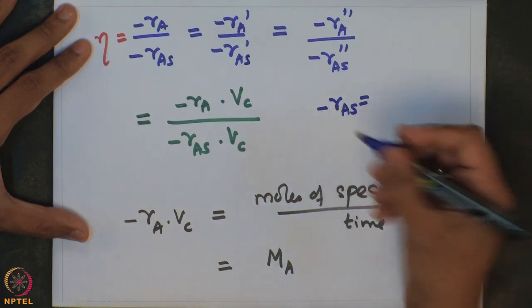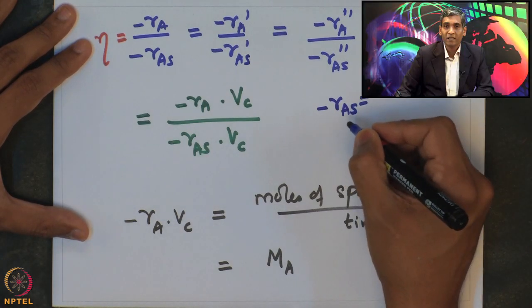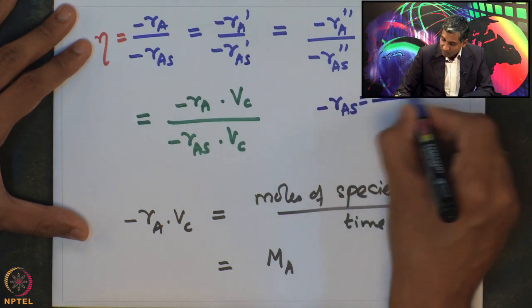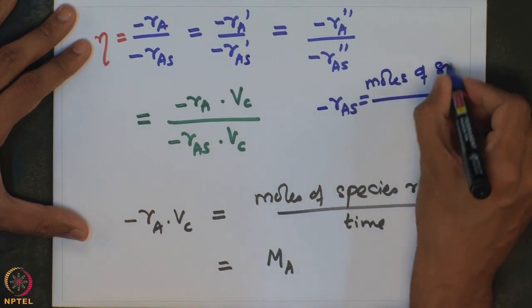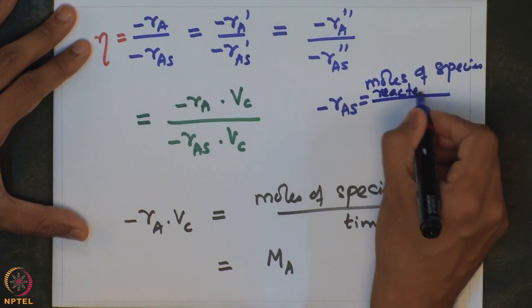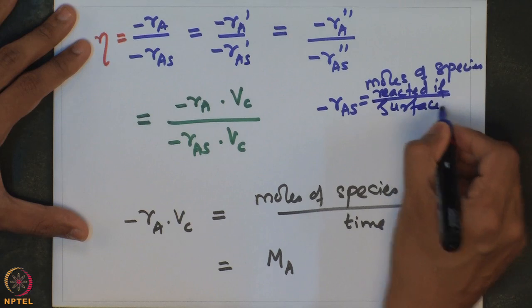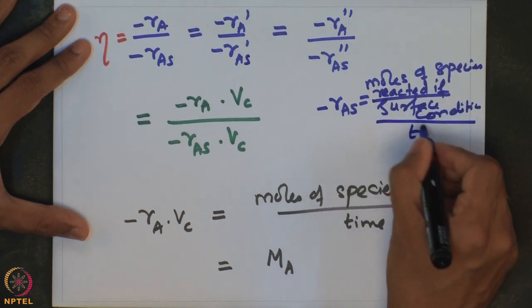which is basically the rate at which the species is reacting if the entire surface is at a surface concentration. I can now write that as the moles of species reacted if surface conditions divided by time.